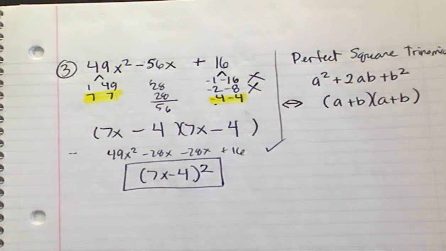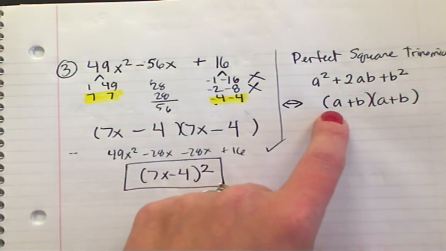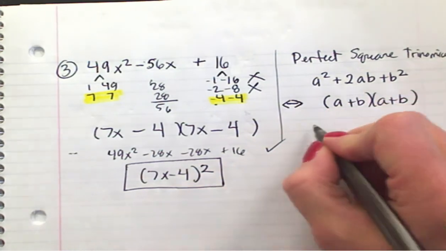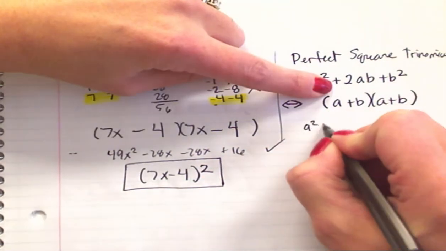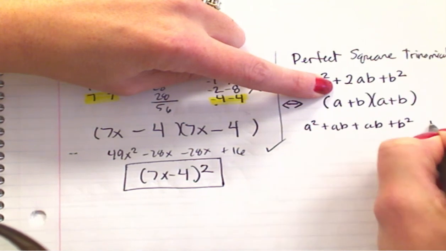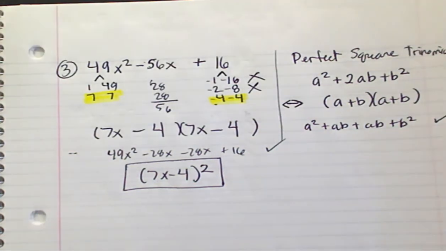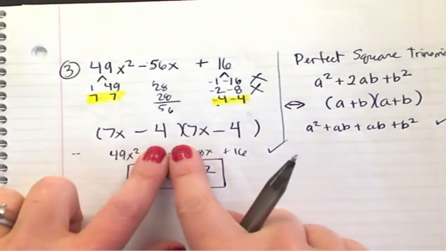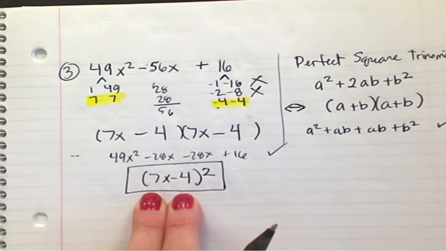Like these things go back and forth, like they equal each other. Check it. I want you to actually FOIL this and see that it gets you the first line. It's a formula. It's called a perfect square trinomial because I had perfect squares and it happened to be the same numbers.